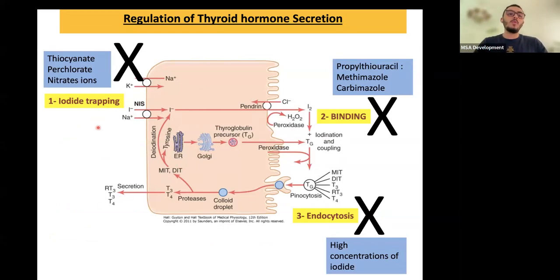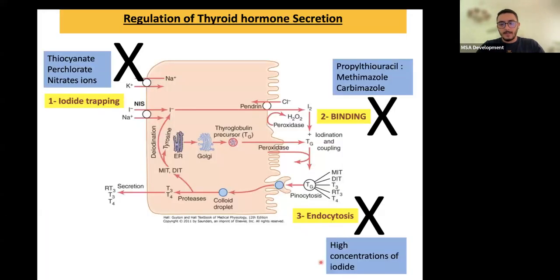So if we have too much iodine here, this will stop. It will take whatever it needs, but it will stop because we don't need any more, because the cell will be full of iodine. We will not take more iodine. Hence, the follicles generally will decrease in size because the gland is not as active as before.